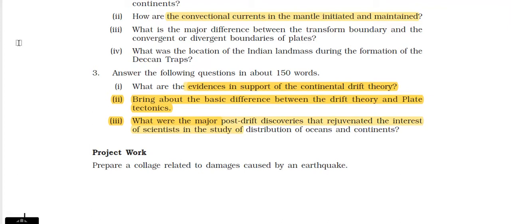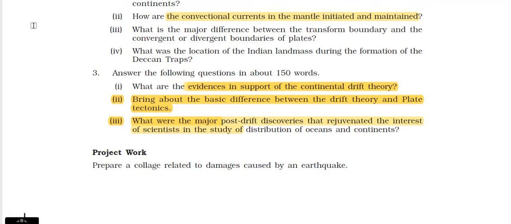Next is question number 2. Bring out the basic difference between the drift theory and plate tectonics. First you should know that the drift theory was proposed by Alfred Wegener in 1912. Plate tectonics came into existence around 1967 by McKenzie, Parker and Morgan. Drift theory says that the continents move and resulted in this formation.